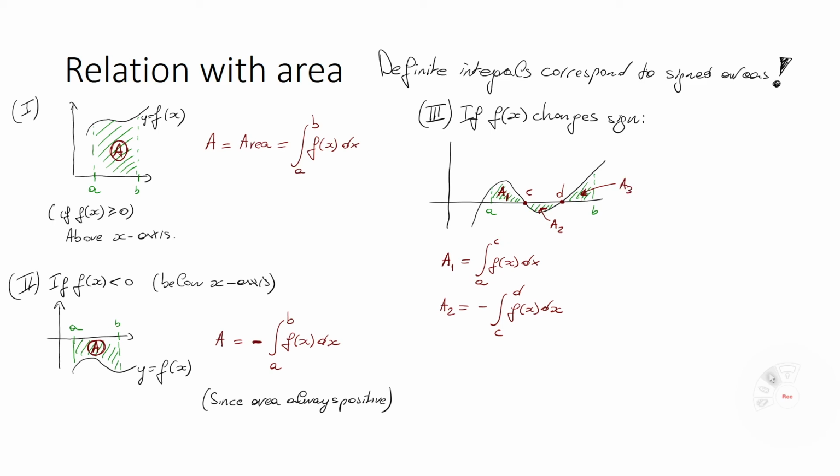Here the function is again above the x-axis, and therefore a3 is the integral from d to b of f of x dx. So from that we get that the total area is integral a to b f of x dx minus integral c to d f of x dx plus integral d to b f of x dx.